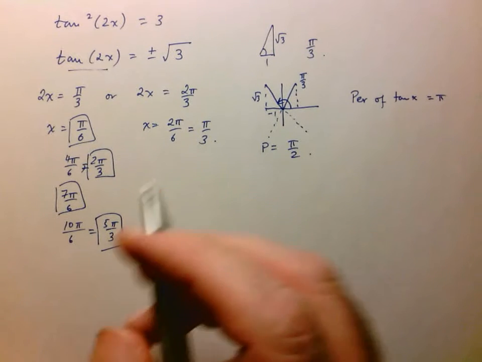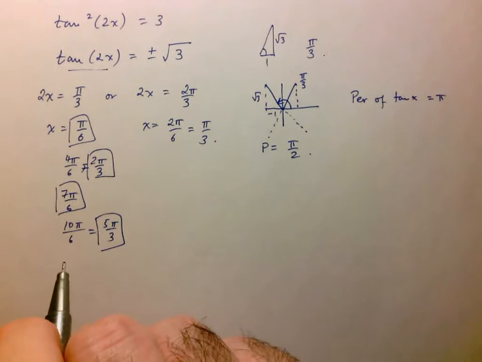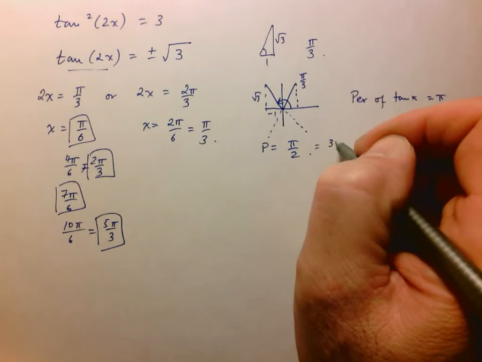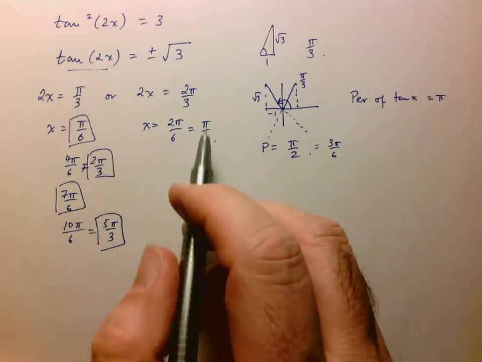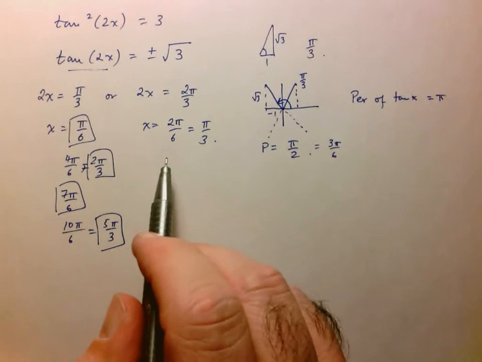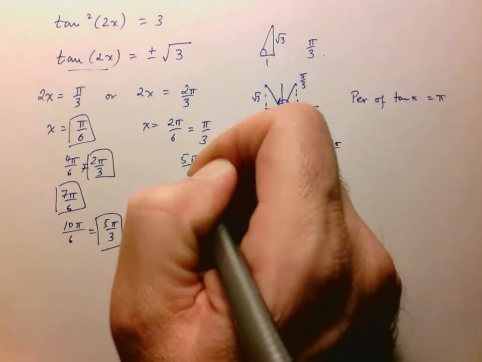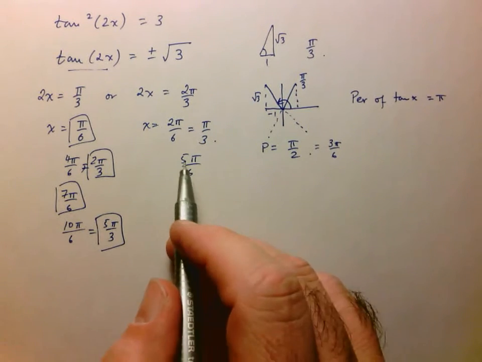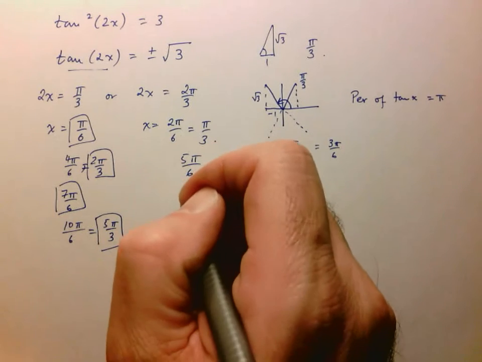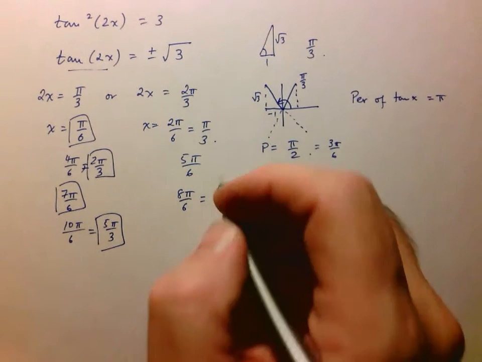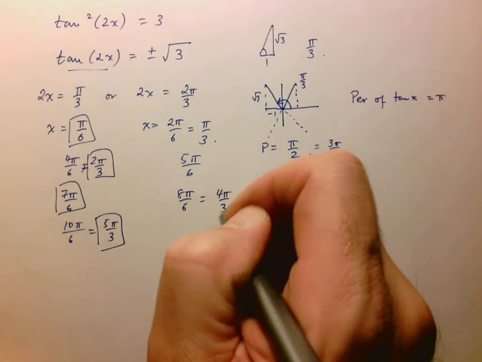Okay, now let's work with this here. So again, I'll think of this as 3 pi over 6, and I'll think of this as 2 pi over 6. Okay, so 2 pi over 6 plus 3 pi over 6 is 5 pi over 6. There's another answer. Okay, let's add another 3 pi over 6. That's going to be 8 pi over 6, but of course 8 pi over 6 is just the same as 4 pi over 3.